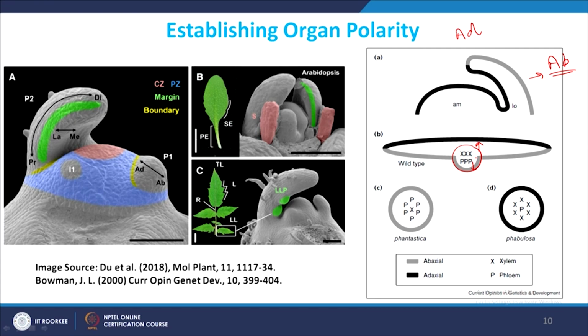For example, in some of the mutants you can see a radial pattern, with xylem in the center and phloem peripheral. If you look at the fabulosa mutant, here it is the opposite pattern, with phloem in the center and xylem peripheral. So, in both cases, polarity is disturbed.